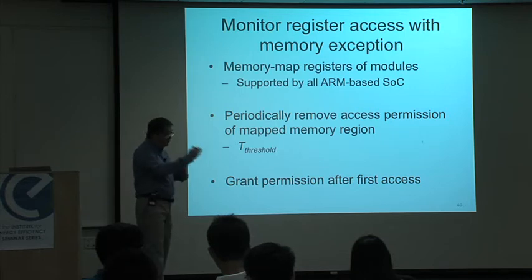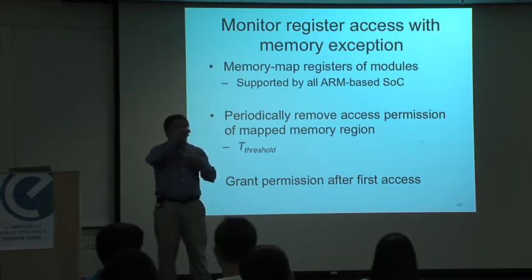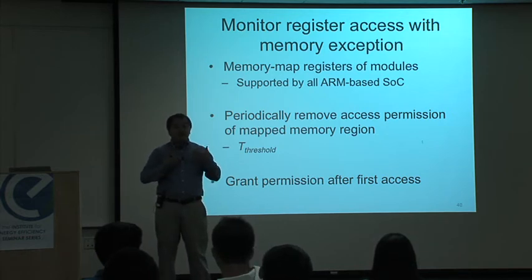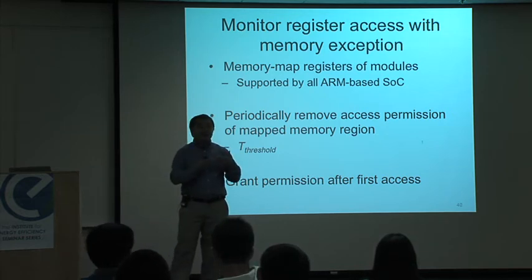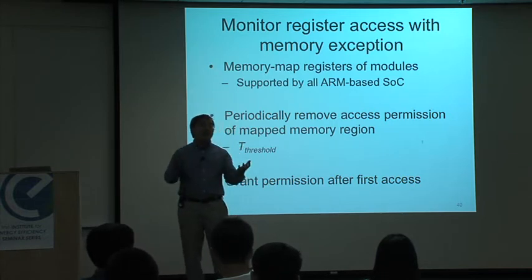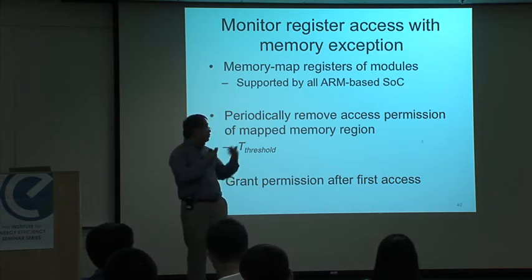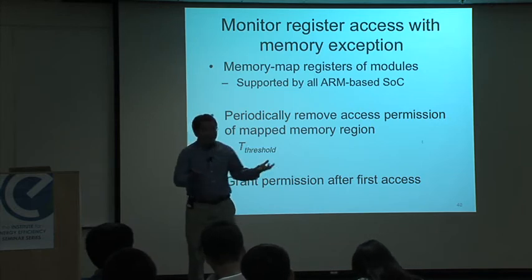You periodically do it. After you remove the permission, if someone tries to access the register, it generates an exception, and then you do bookkeeping and note that someone actually accessed this register. Then you grant the permission back.